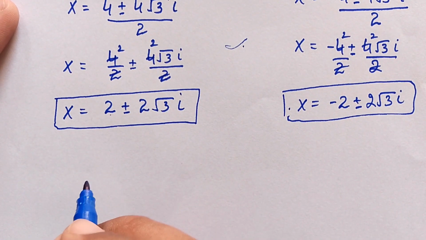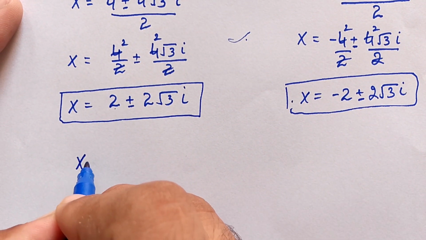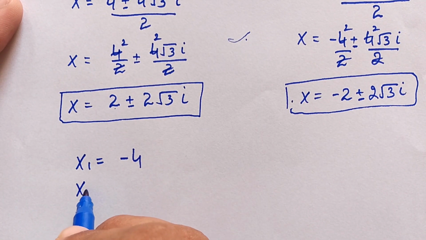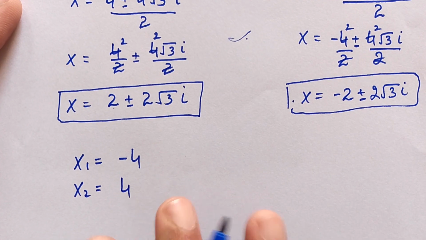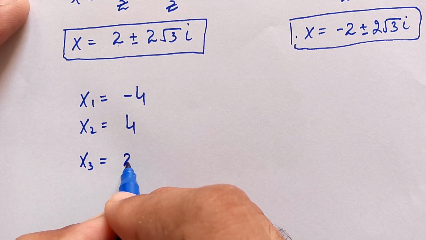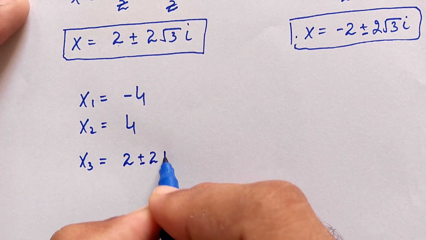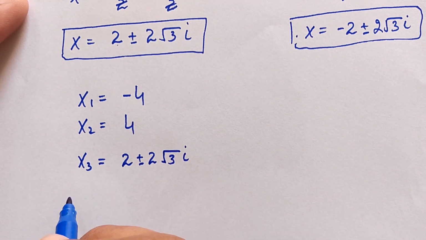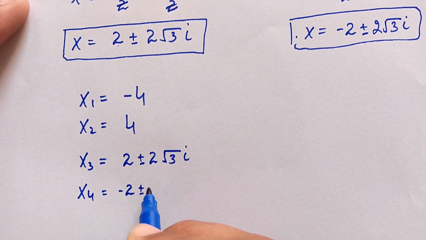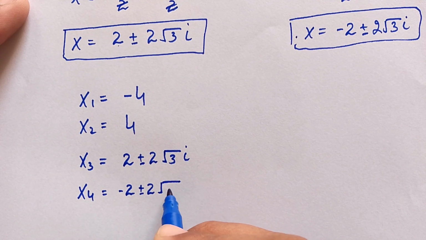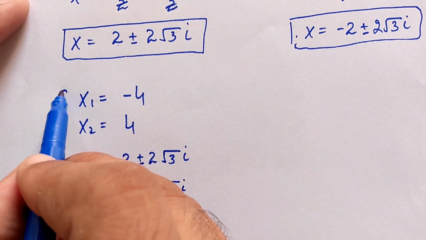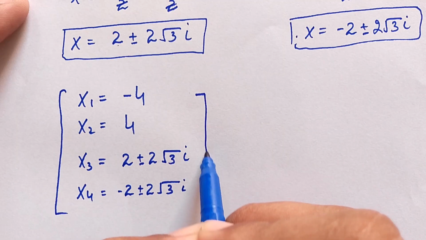So here x1 is equal to minus 4, x2 is equal to plus 4, x3 is equal to 2 plus minus 2 square root of 3i and x4 is equal to minus 2 plus minus 2 square root of 3i. So these are the possible answers and the values of x.